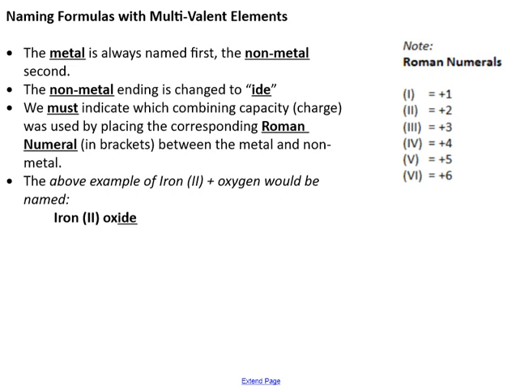When I name compounds like this, the metal gets its normal name, but the metal, if it's a transition metal, has to come with a Roman numeral. And the Roman numeral tells us which charge we picked. So I can't just call it iron oxide. I have to call it iron 2 oxide.